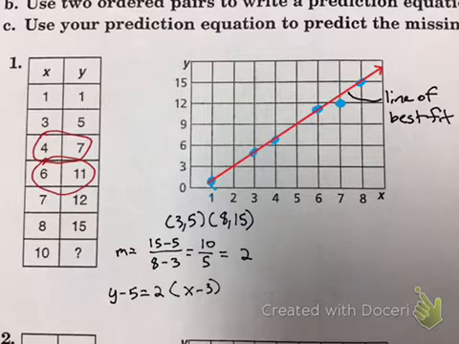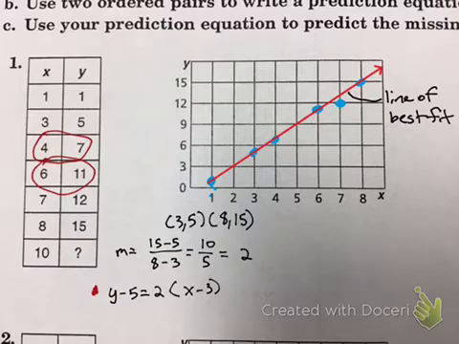And we can use either one of our points, 3, 5 or 8, 15, and our slope to get point slope form, which then I can make slope intercept form. So from here, I chose the point 3, 5. You could have chosen 8, 15 if you wanted to. That doesn't matter. But I plugged it into my point slope formula right here.